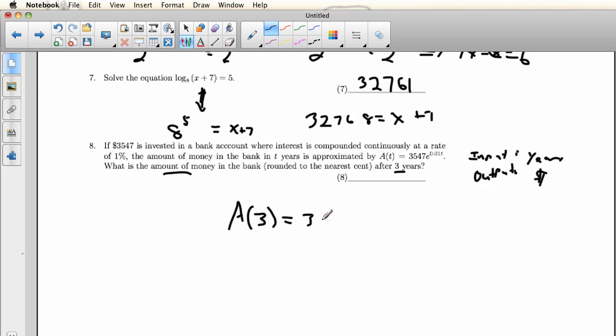And so A of 3 is 3,547 times e to the 0.01 times 3. And again, I would have to use a calculator to do that.